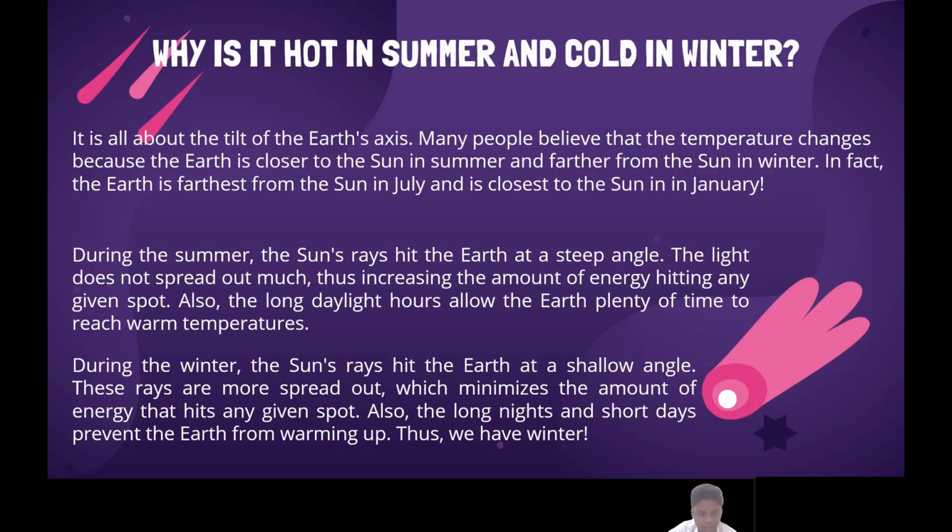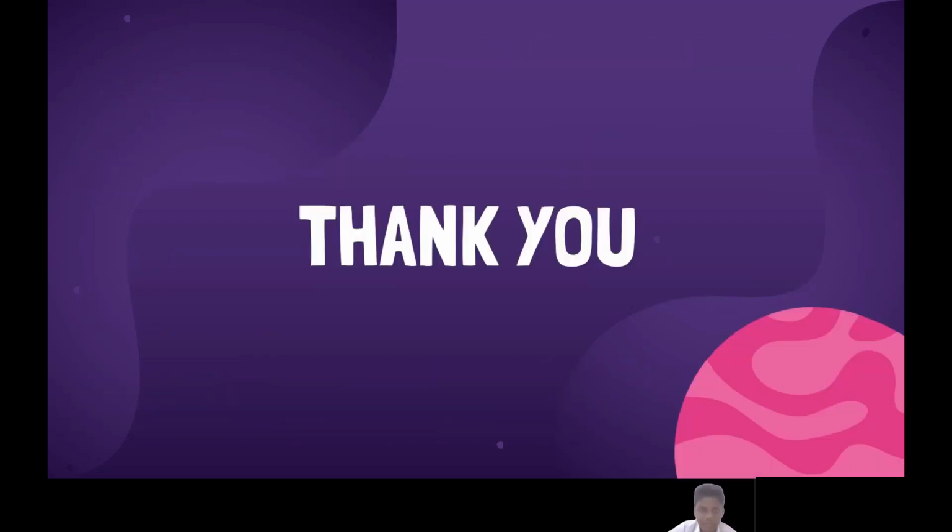During the winter, the sun's rays hit the earth at a shallow angle. These rays are more spread out, which minimizes the amount of energy that hits any given spot. Also, the long nights and short days prevent the earth from warming up. Thus, we have winter. Thank you.